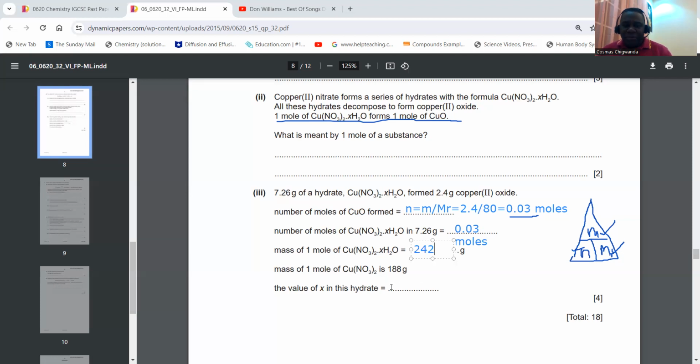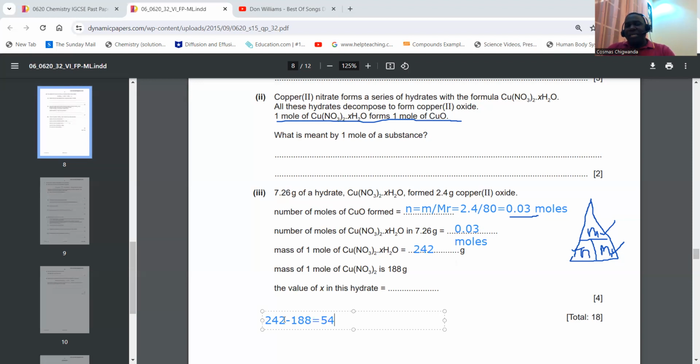If I say 242 minus 188, I will get 54. So it means the mass of water only is going to be 54.